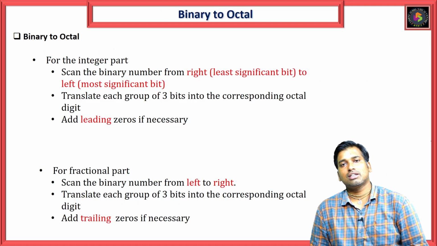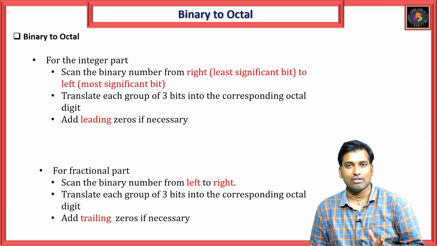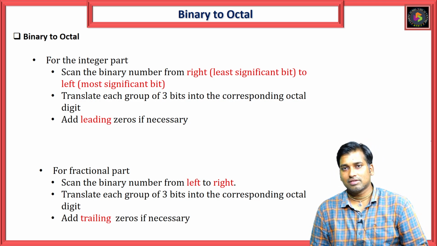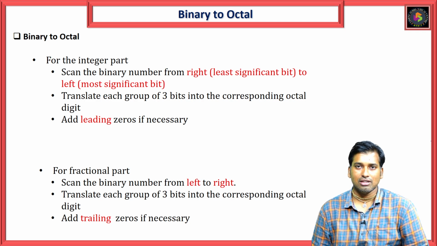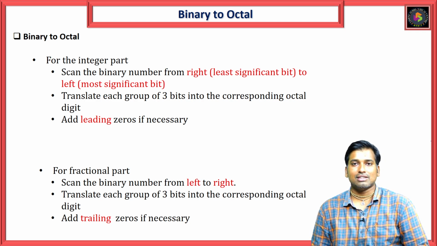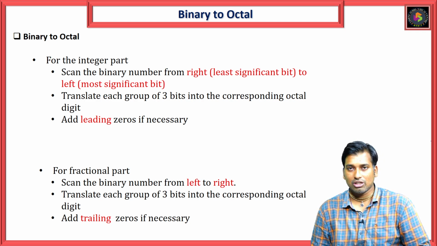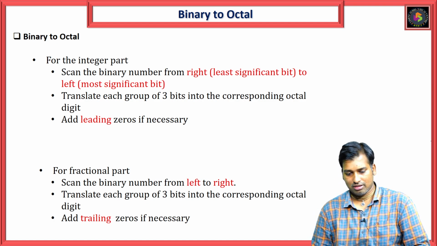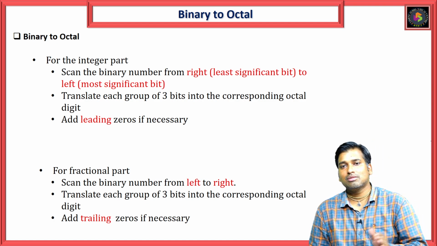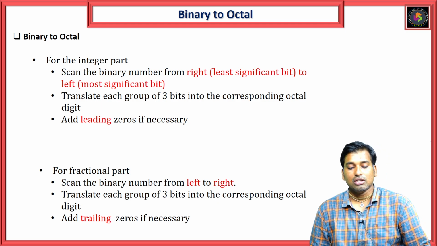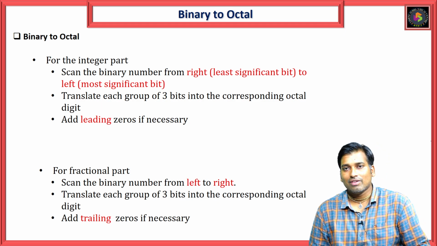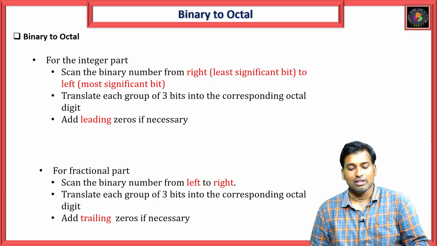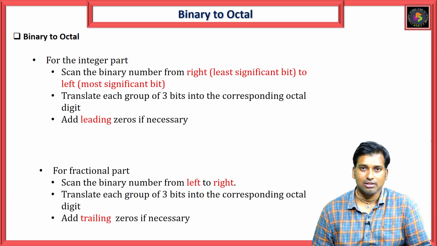So how to convert? This is important, that we convert from binary to octal. It has many applications. For example, in computer architecture, octal number and hexadecimal number system is mostly used because it's a compact way of representation of the binary number system. So how to convert this binary to octal is, the same way we have to separate the integer part and the fractional part.